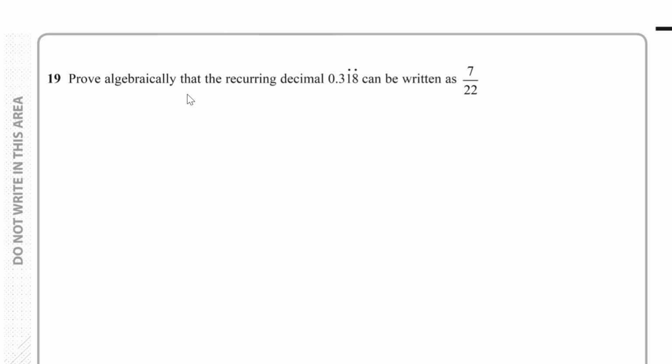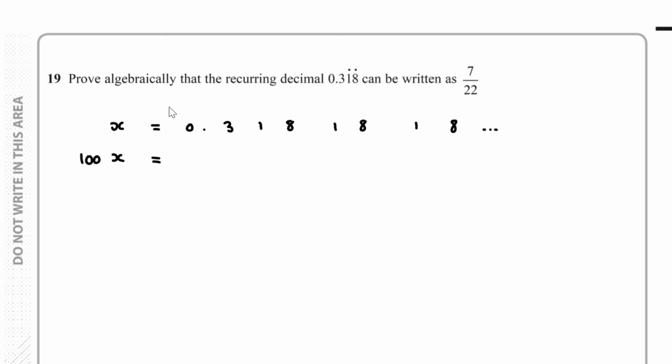Question 19, we have to prove algebraically that the recurring decimal 0.318 recurring, where the 1 and the 8 are repeating, can be written as 7/22. Well, here we will let x equal 0.3181818, etc. And because we've got 2 digits repeating, we're going to multiply this by 100.